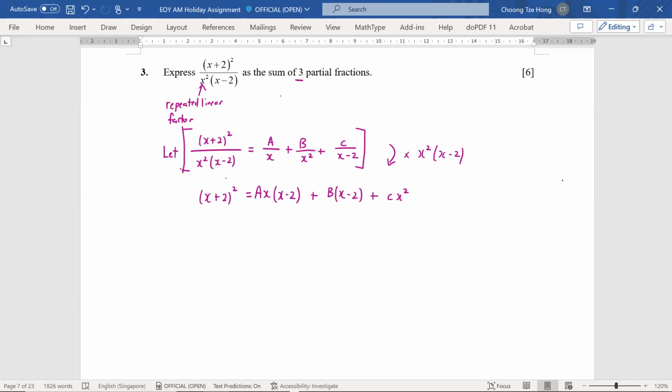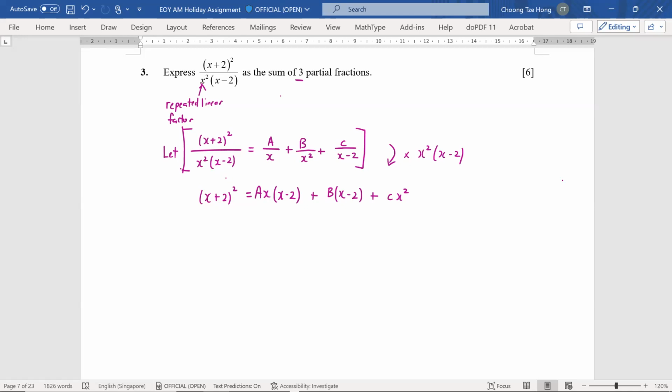When you solve a math question, you always want to find the easiest possible method. In this case, let's say I want to find b. If I want to find b, what can I let x be? If you have guessed that you are going to let x be 0, then you are right.